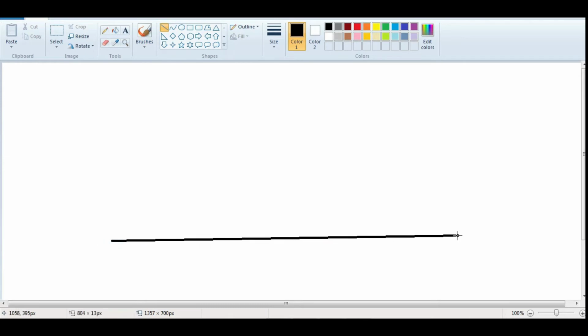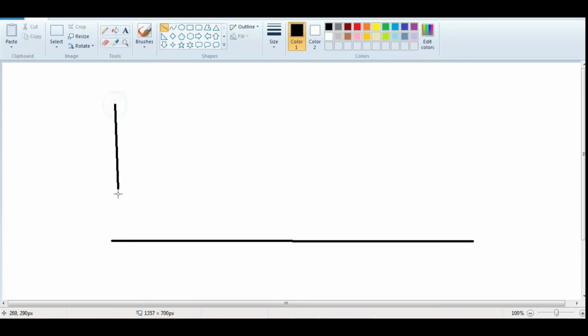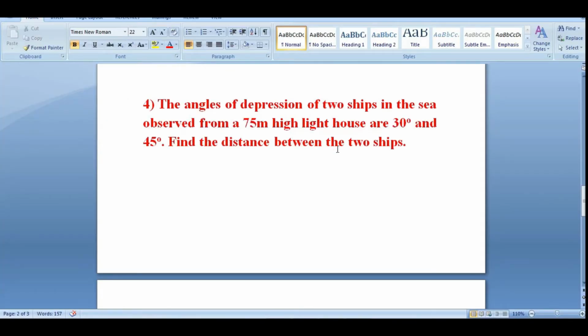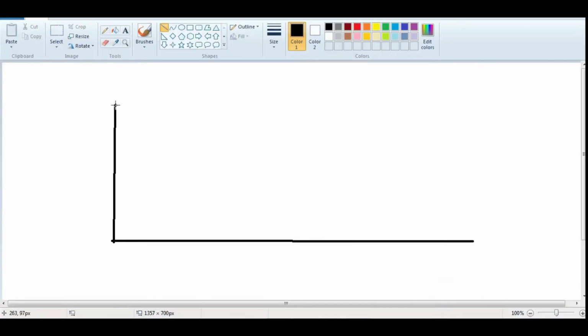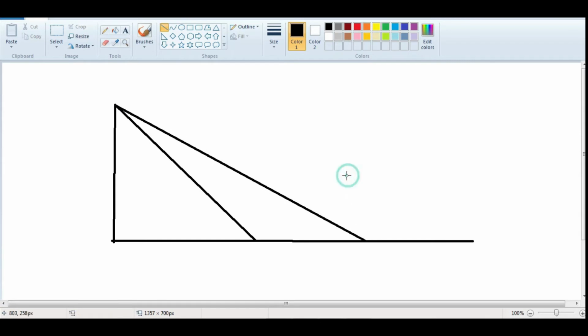At first I will draw the base. Then there will be a tower of the lighthouse. It's 75 meter and there are two angles of depression, one 30 degree and another is 45 degree. So 45 degree it will be like this, and the 30 degree, as I mentioned before, the lesser is the angle, the greater will be the distance. It will be here.